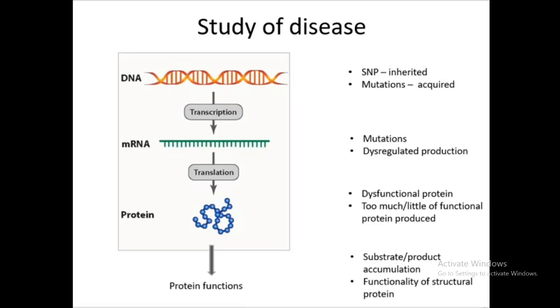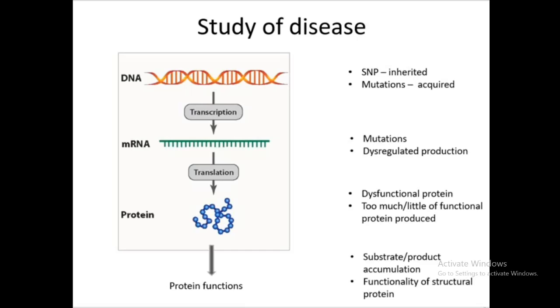So if we look at this whole process, what we need to consider is that in order to detect whether there's an alteration to a specific protein, we may be able to measure changes that have happened in the DNA. We may be able to measure changes that have happened in the messenger RNA. And lastly, we may be able to measure changes in the protein.